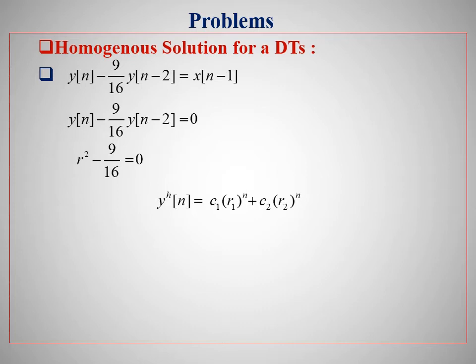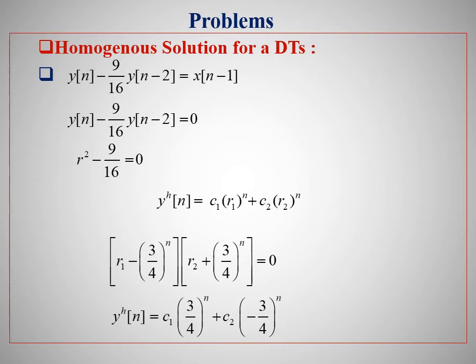And the solution of the homogeneous case for a discrete time is considered as yh of n is equal to c1 r1 power n plus c2 r2 power n. As was mentioned before, the roots are 3 by 4 and minus 3 by 4.